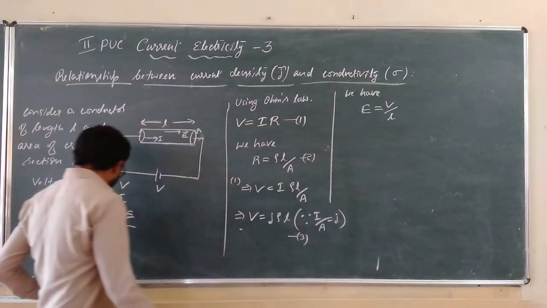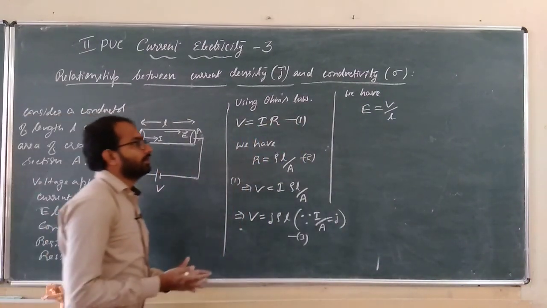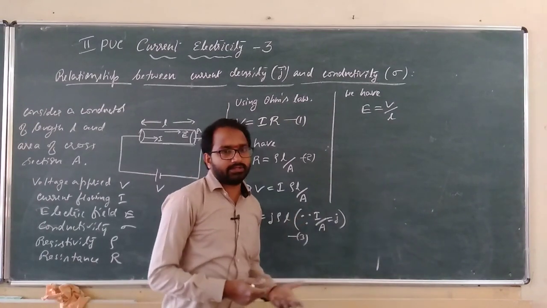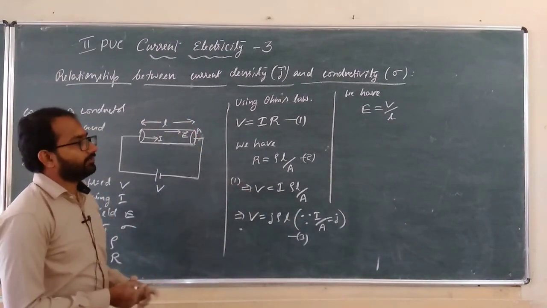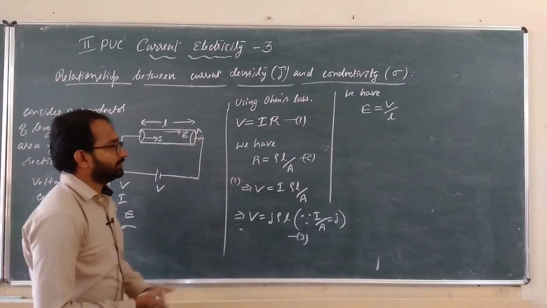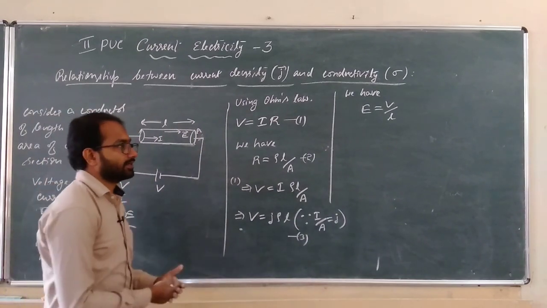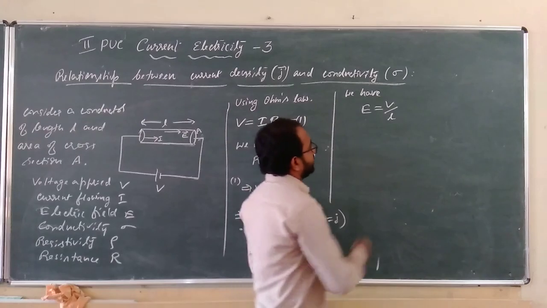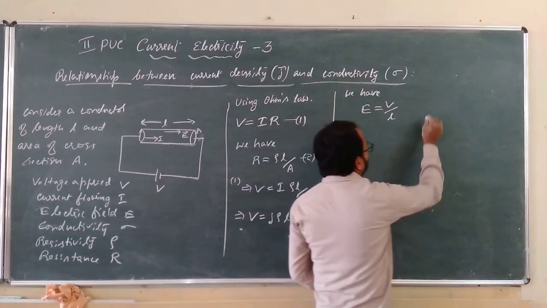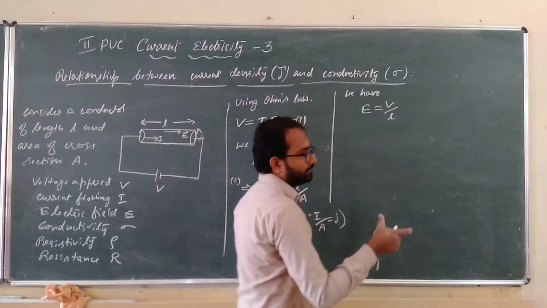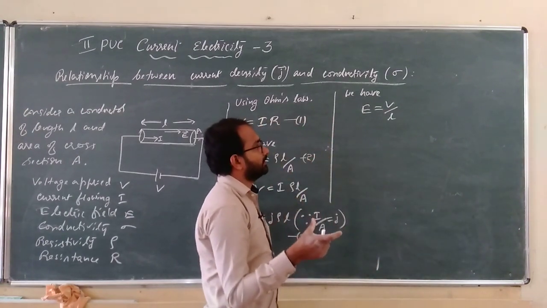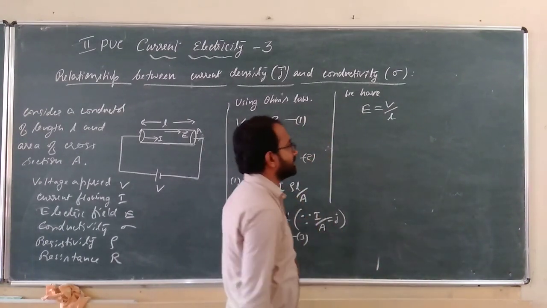We use a gradient when some quantity changes with respect to length, with respect to distance. In the first year you discussed temperature gradient, right? So electric field is the gradient of potential, change in potential per unit length, which is normal to the equipotential surface.